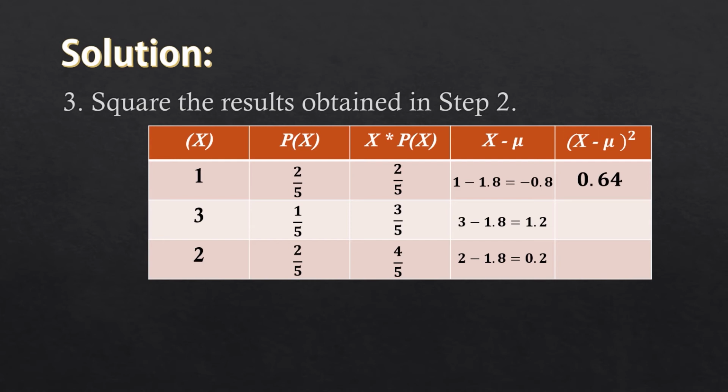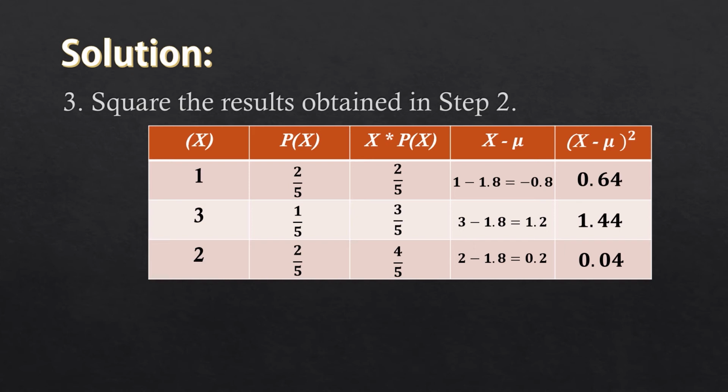We just multiply negative 0.8 times negative 0.8, that is equal to 0.64. For 1.2 squared, that is 1.44, and 0.2 squared is equal to 0.04. So this is the square of the difference.